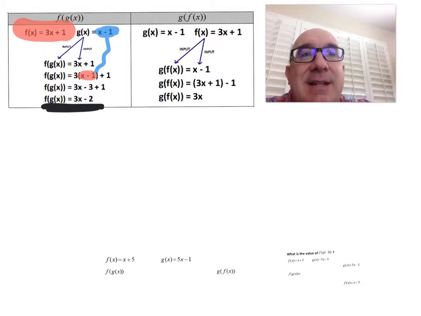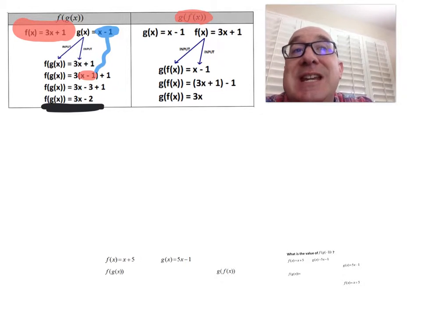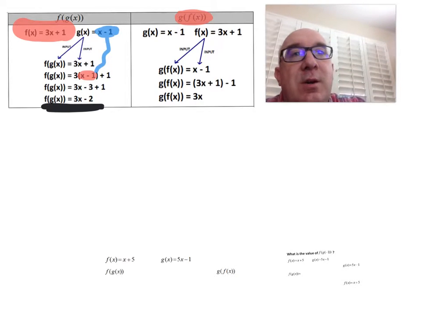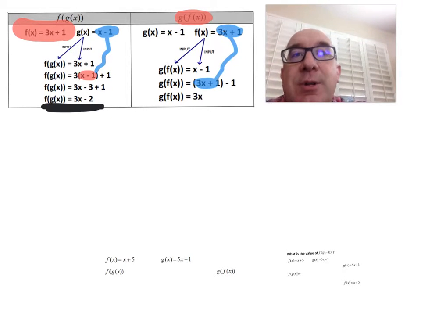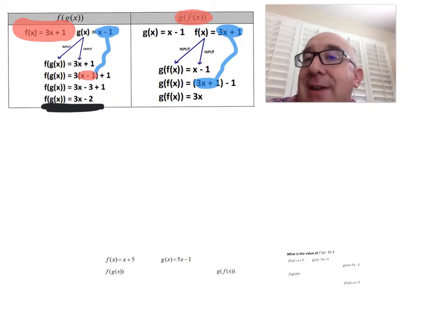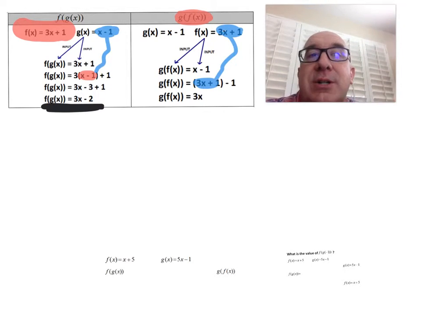In this case, we are putting into g of x. Take note here, we're going to put inside of g of x this f of x term. See how we dropped it right in there? So instead of dropping a number like 2 or 5 or negative 3, we dropped a whole function, and then we just solved it out.